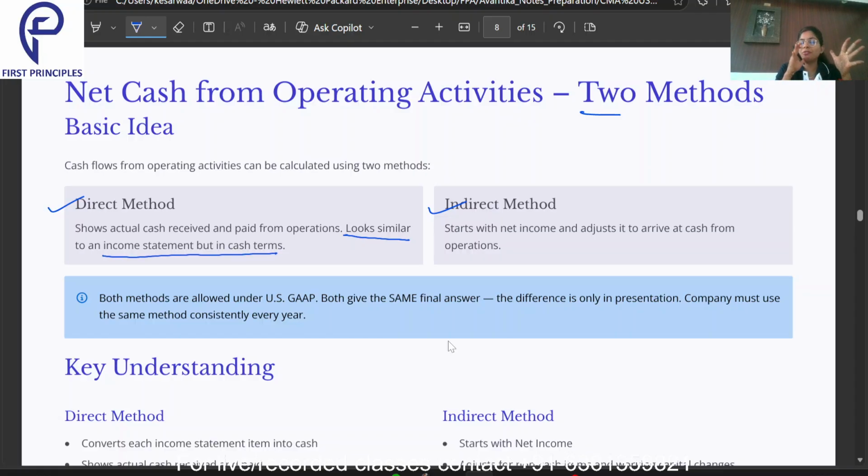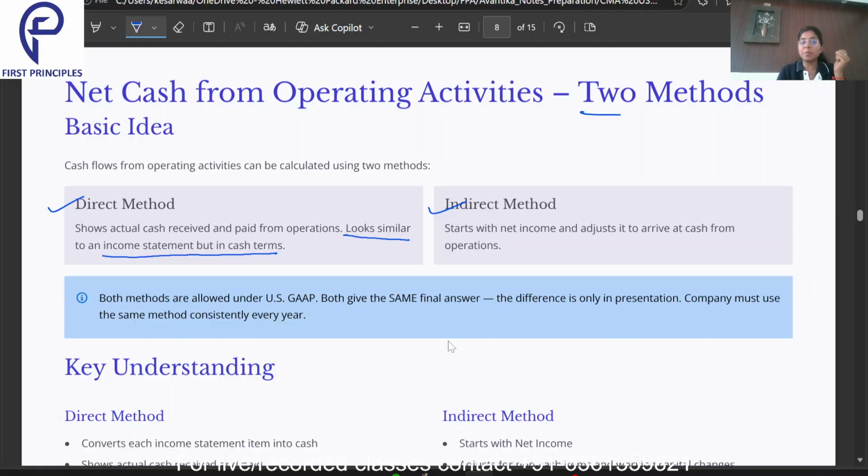The difference is that the direct method of the operating activity is prepared in such a way that only cash related transactions are included. Anything which is accrual based, based on forecast, or any kind of provision, is not included over here because we are preparing the statement of cash flows.